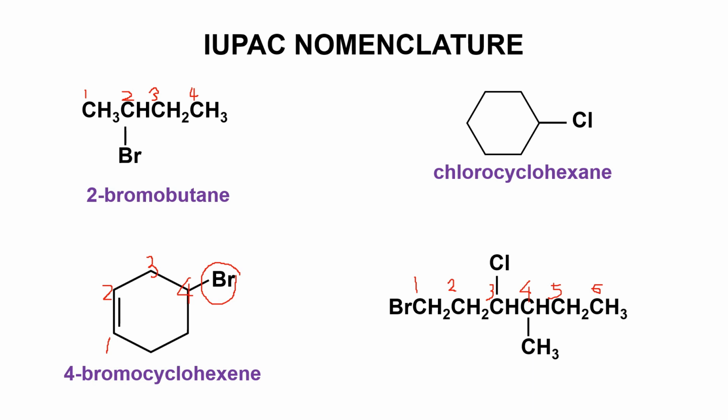So bromine as the first substituent will get position number 1. Chlorine position number 3, and methyl as the third substituent will get position number 4. So the set of locants is 1, 3, 4.